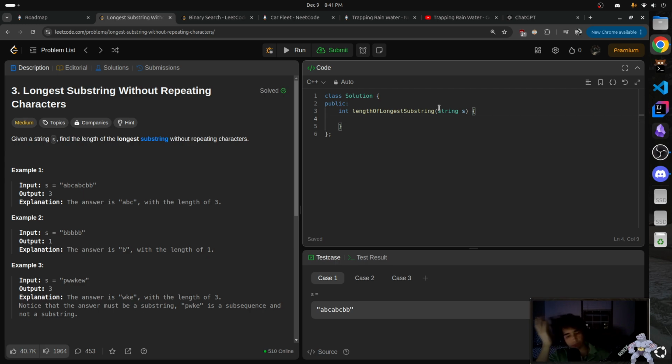Yeah, so I need a dictionary. Unordered map of char int. Size_t l = 0. Okay.